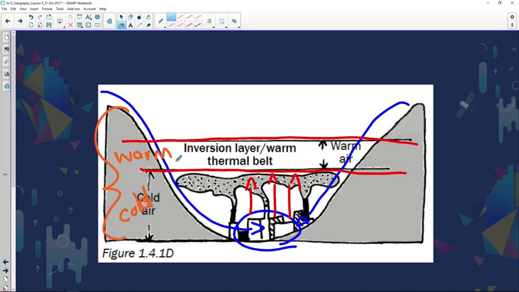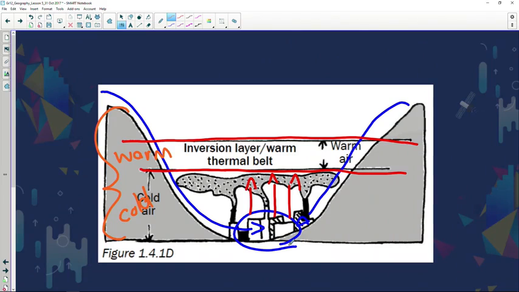Now, these valley inversions can be a problem for urban settlements and also for rural areas where farming is taking place. Why? Because first of all, we're experiencing a frost pocket. There's extremely cold conditions. And as you can see, if we do experience urban settlements, the pollution is being trapped below the inversion layer.